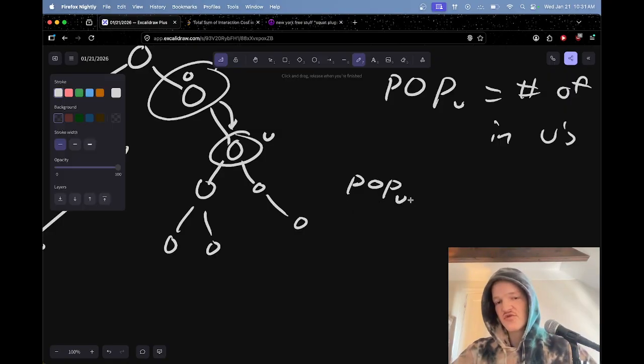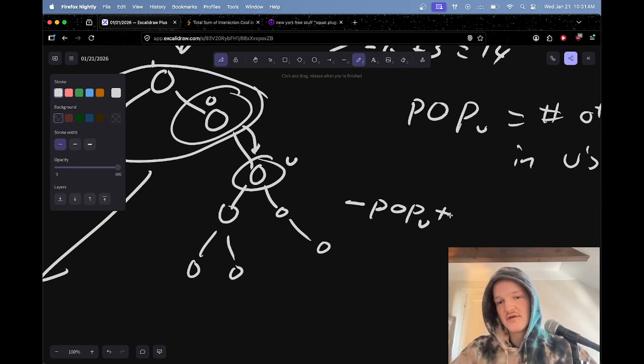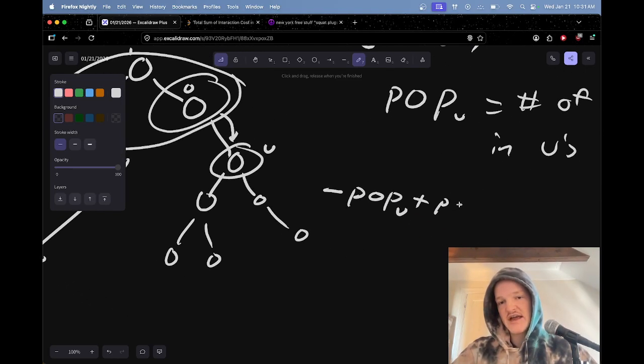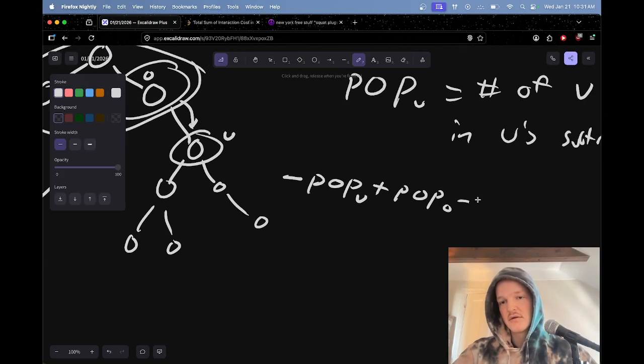Population at u, just for any group, population at u is now decreasing, right? And then the population of everything else is increasing. So what is that? Population at 0 is going to be the population of everything, minus population at u is going to get us everything that's not in our current thing.